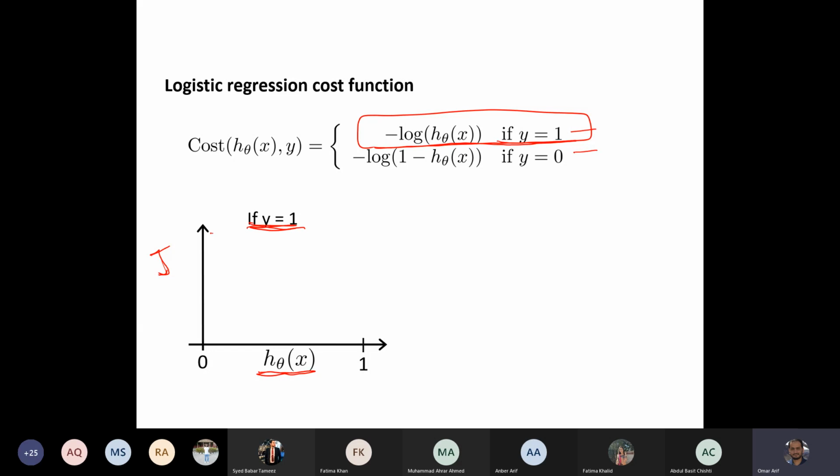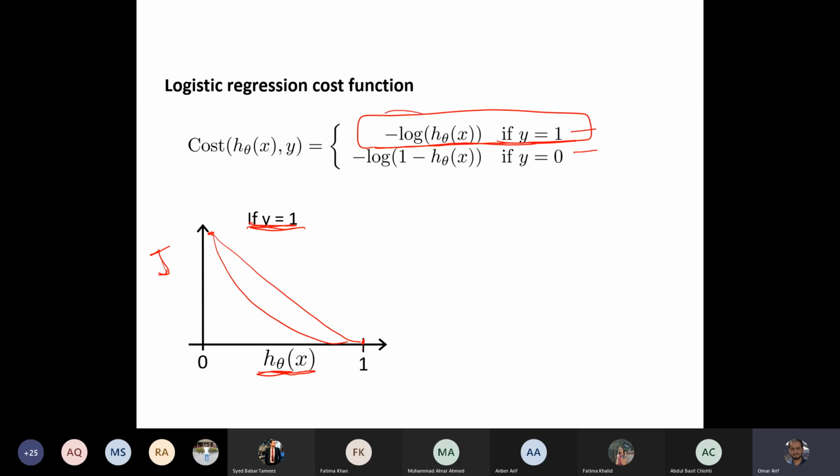So I should start from here, and when my prediction is also 1, then I should get a 0 cost. So I should get something like this, and in between I should have a curve, or maybe a curve like that. Both are right ways to formulate it.